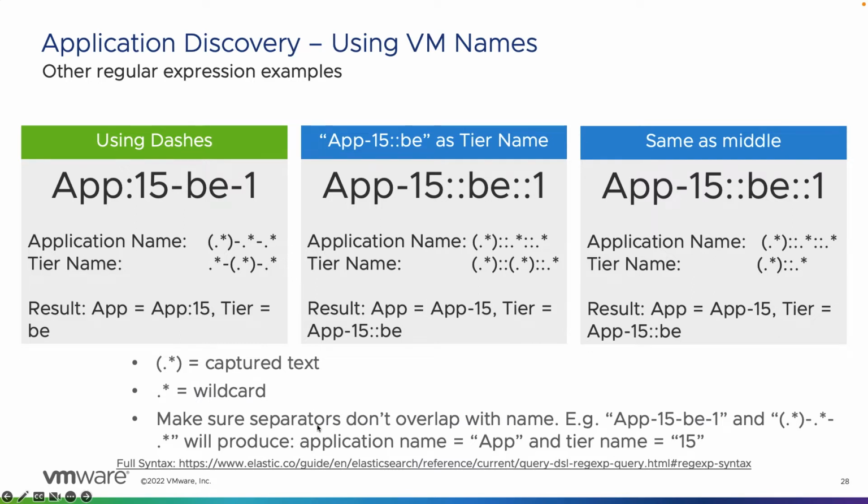You also want to make sure separators don't overlap with the name. So as an example, when you have an application that says app-15-BE1 and then you have your regular expression, it will produce application name equals app and tier name equals 15. So we want to make sure that separators don't overlap with the actual name there.